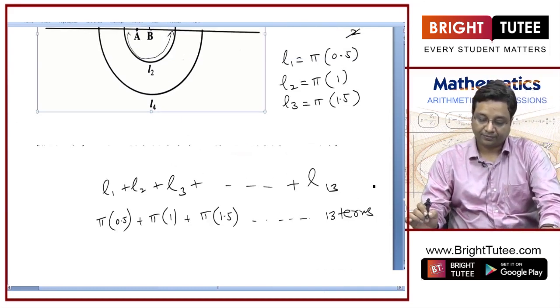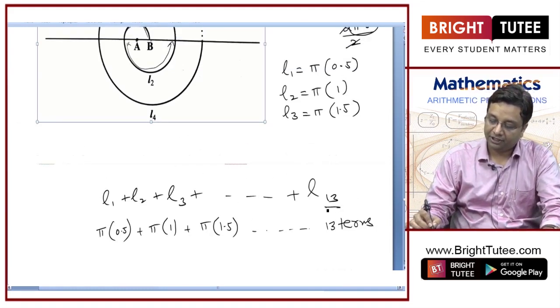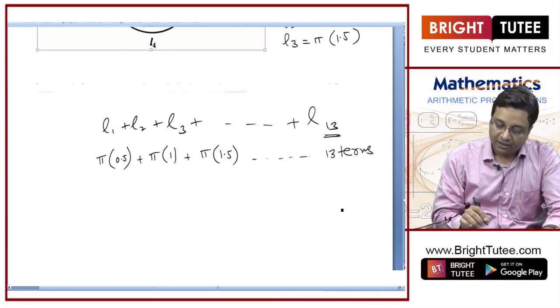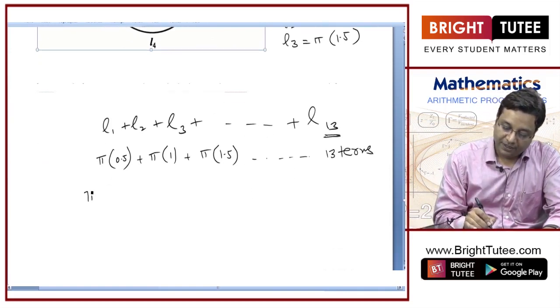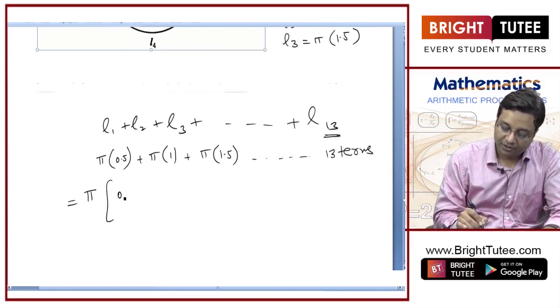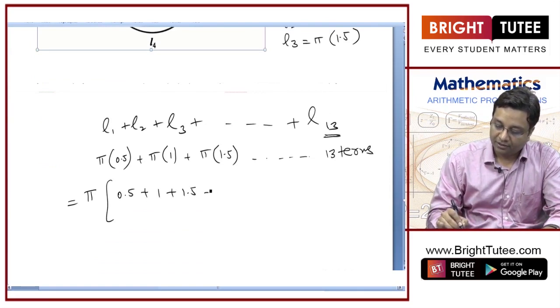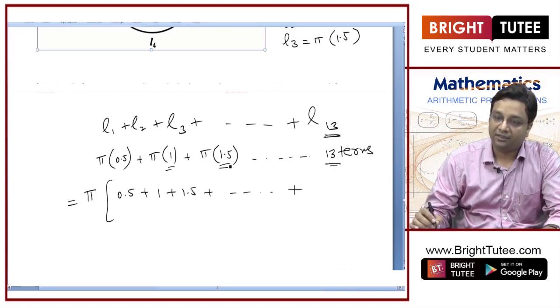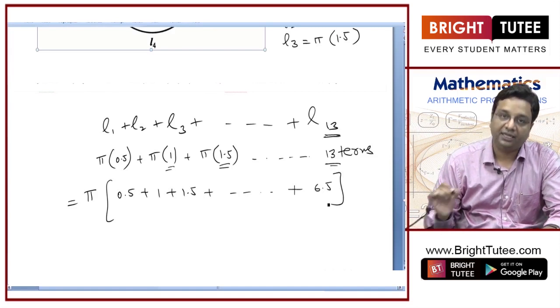The 13th term will have 6.5 as its radius. Or you can take pi as common. You can write it as 0.5 plus 1 plus 1.5 plus up to 13 terms. Second term is 1, third term is 1.5. So what will be the 13th term? It will be 6.5, right?